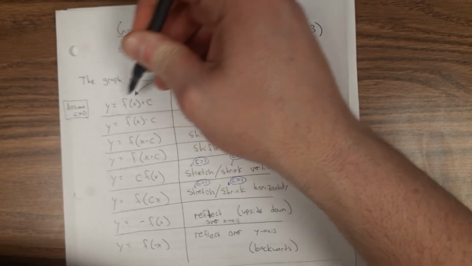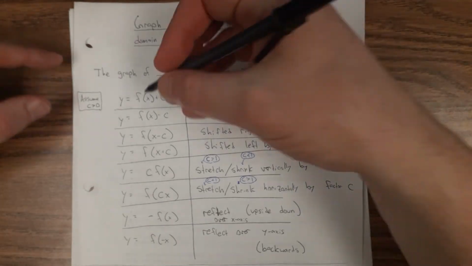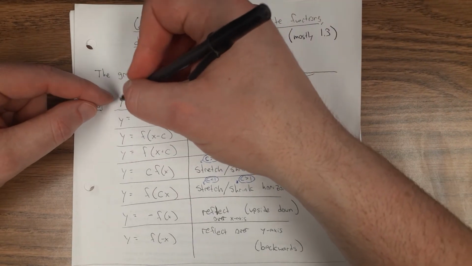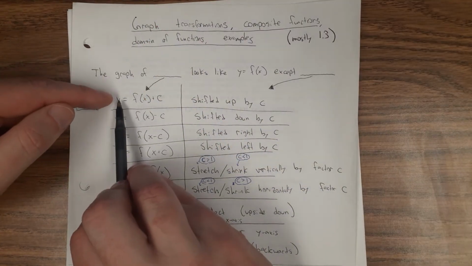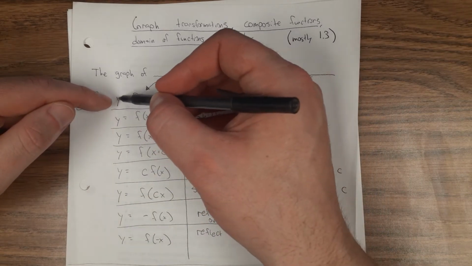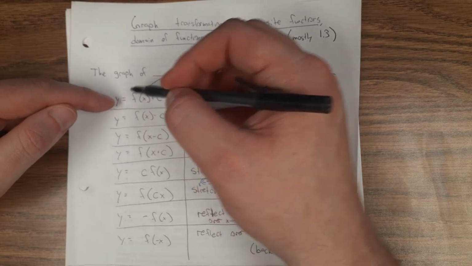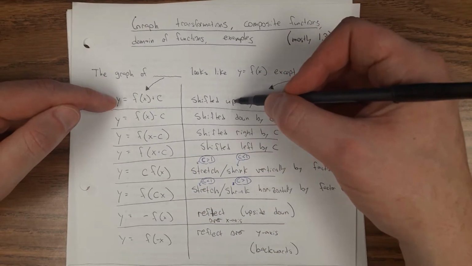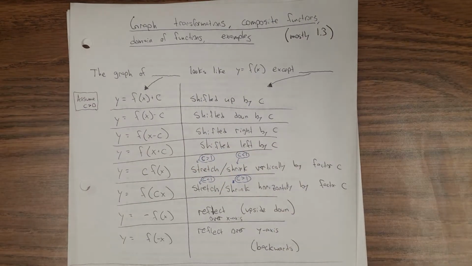If I wanted to phrase this as happening directly to a variable, I would move it over here so that y would be y minus c. And so subtracting a number directly from y results in a shift up, and subtracting a number directly from x results in a shift to the right.